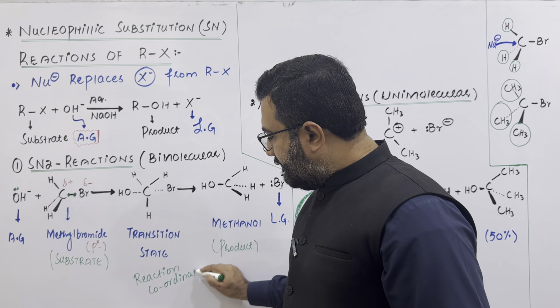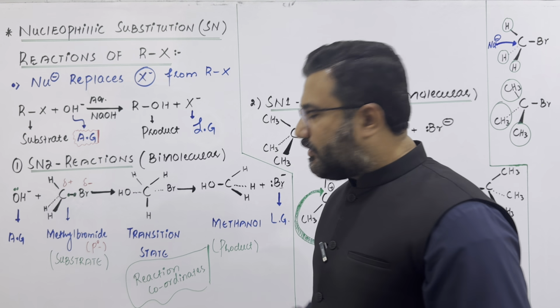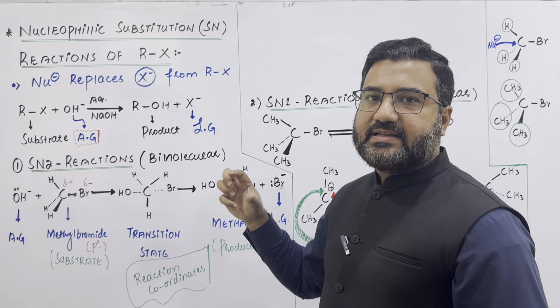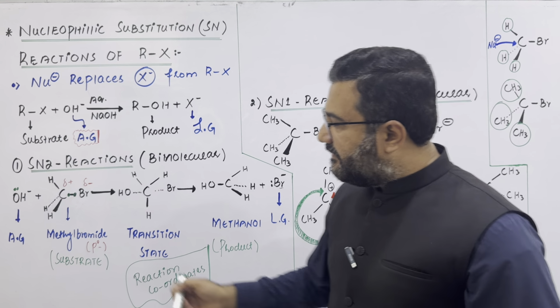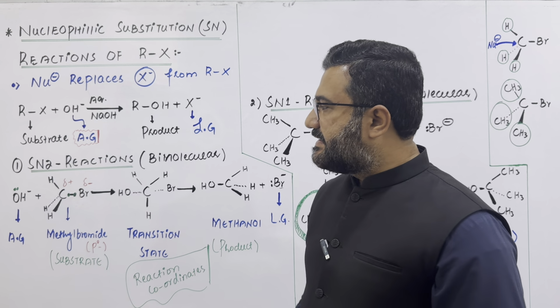Reaction coordinates means the reactants, transition state, and the product. So in SN2 reaction, the first point is that it is a single step reaction in which the reactants are changed to products through a transition state.